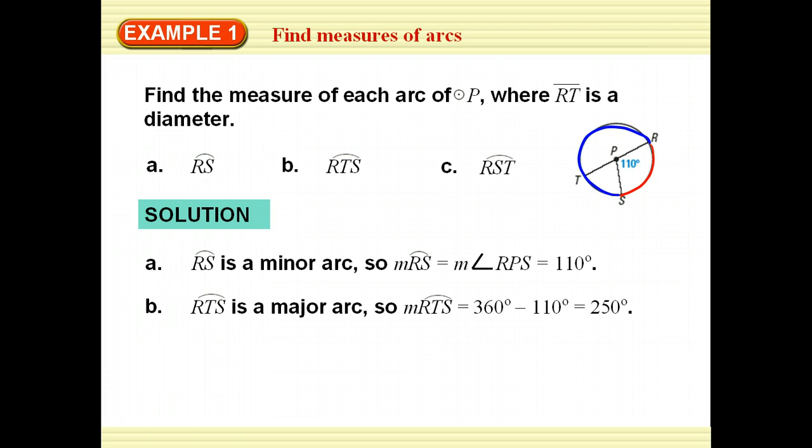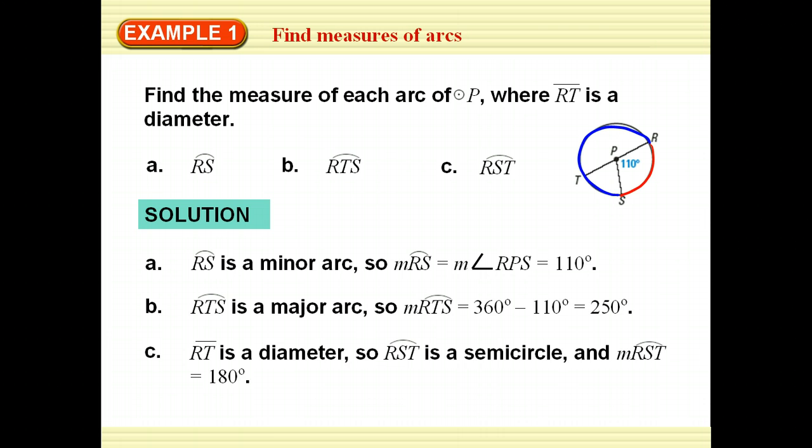The arc RST. Now notice I used 3 letters to show you which half of this I wanted you to take. But since RT is a diameter, RST is a semicircle, and therefore it's 180 degrees.